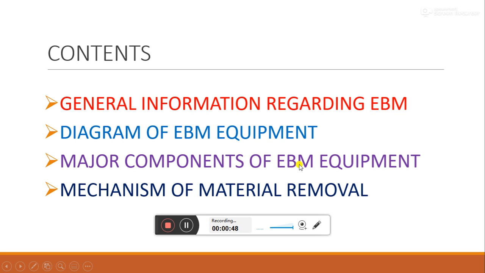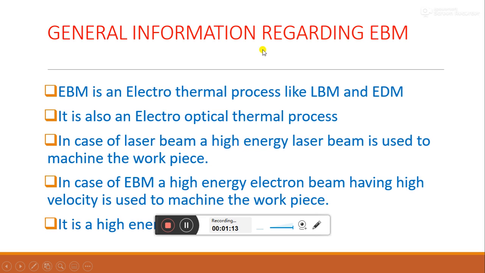Then the major components of the EBM equipment, again the parts of the EBM gun, then the mechanism of material removal. So if the working is asked, the diagram, components and mechanism of material removal can be combined to write the answer, if the question is: with the help of a diagram, explain the working of electron beam machining.